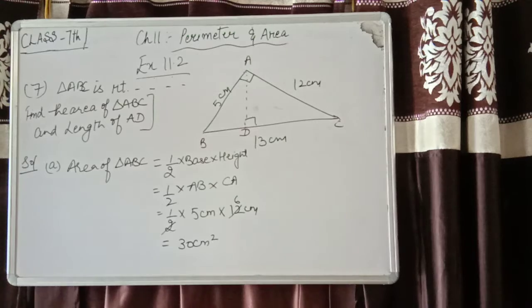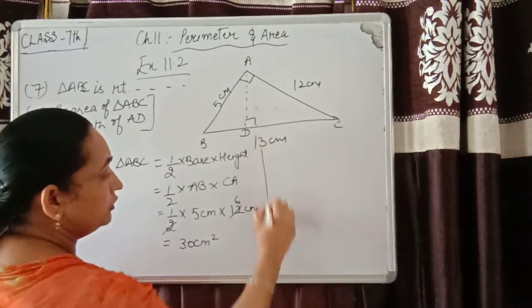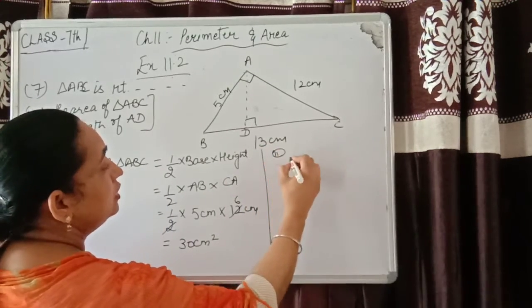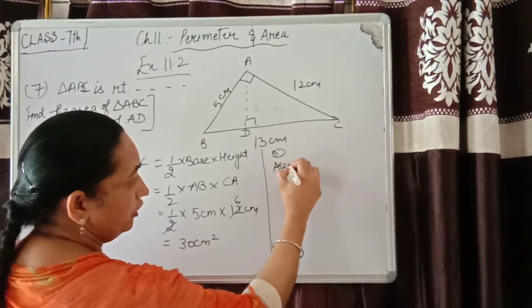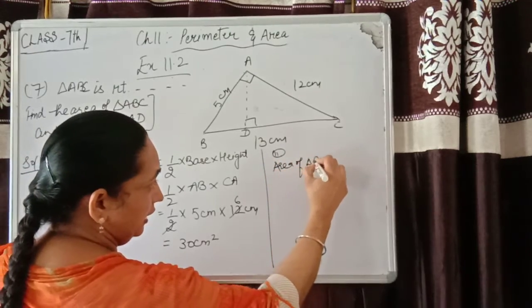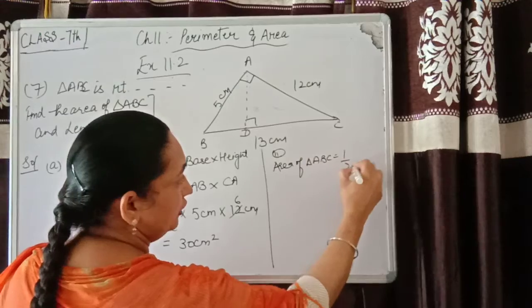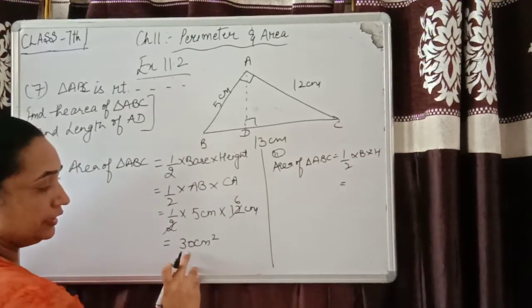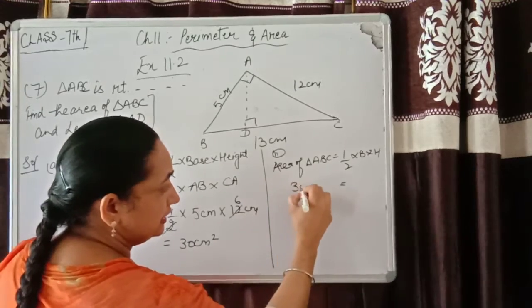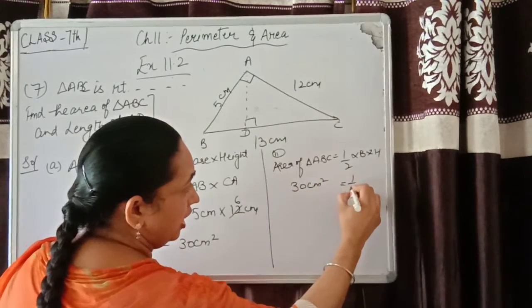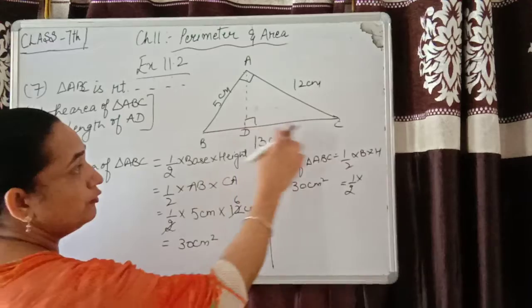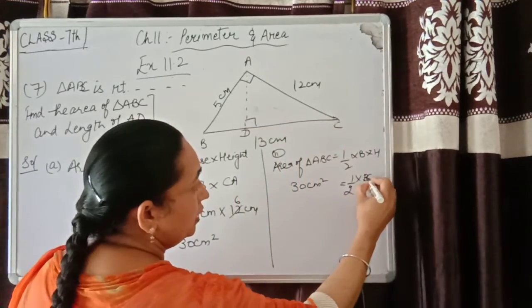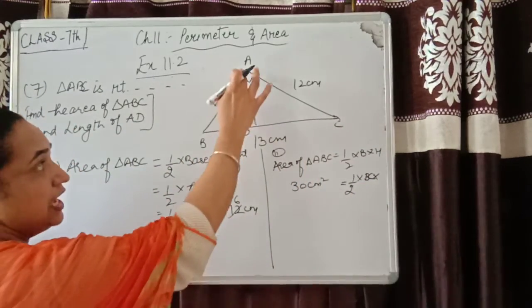Now we have to find AD, that is the second part. So in the same way, area of triangle ABC is half into base into height. We already calculated the area as 30 centimeter square. Now base we will take BC because we want to find this height AD.